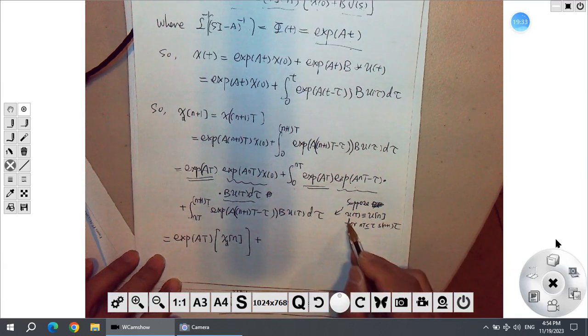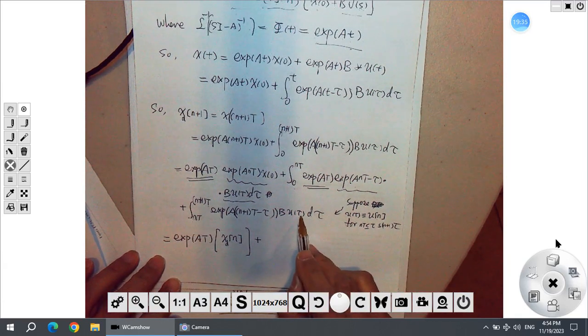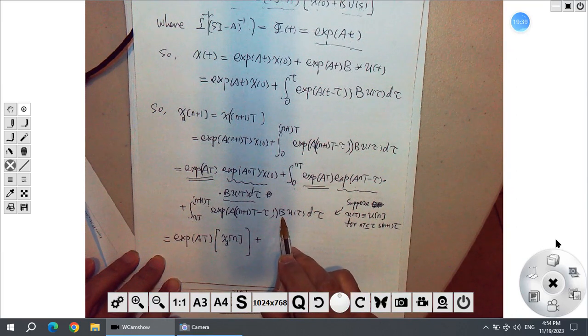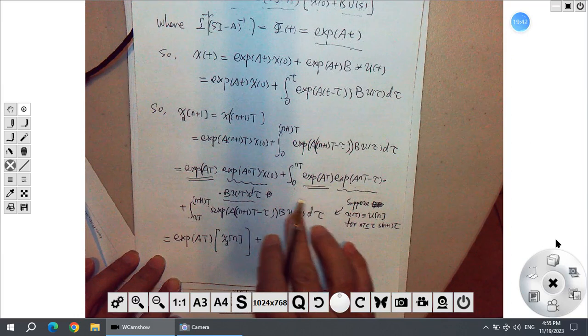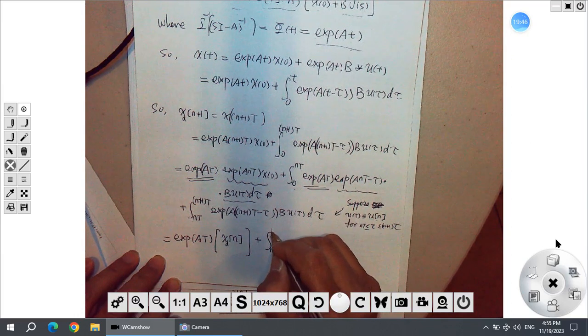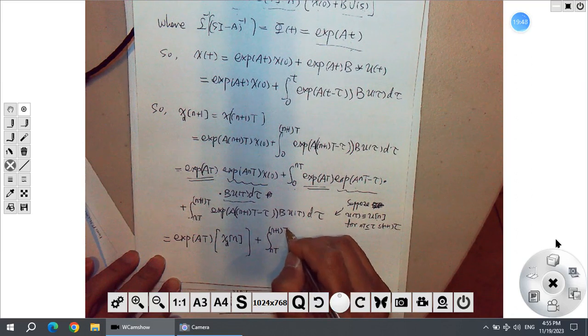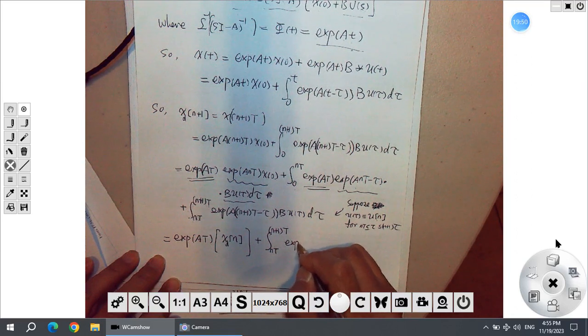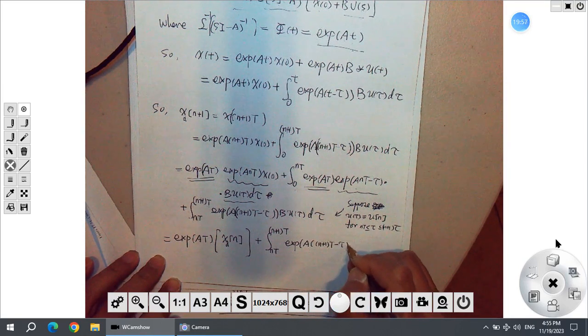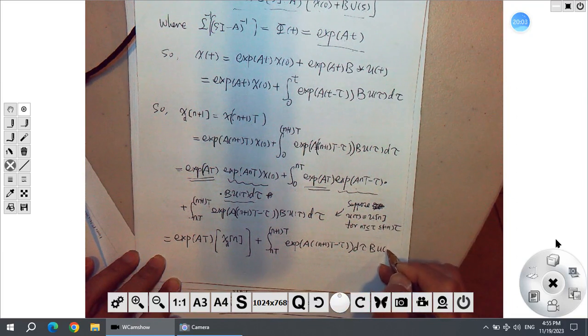So this is a constant number. We consider this a constant number. It is just u(n). Then this is constant. B is also constant, so I can move them outside. Now this is the integral from nT to (n+1)T, then the exponential power A times ((n+1)T minus τ) dτ, and b u(n).